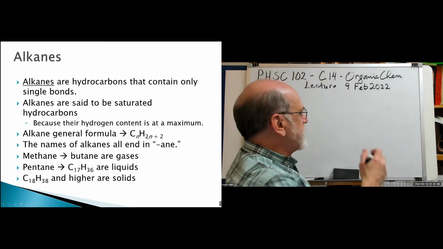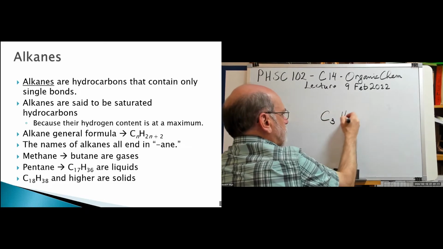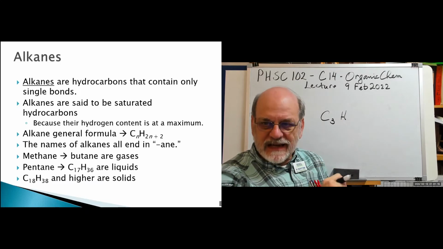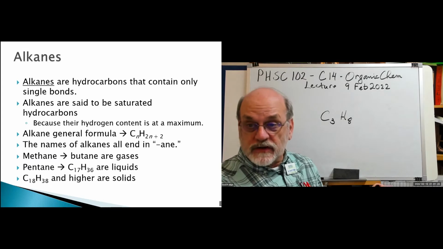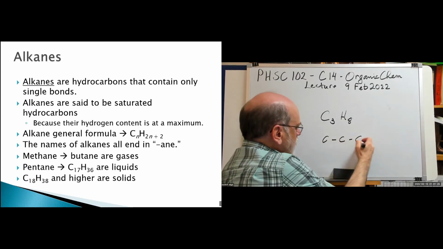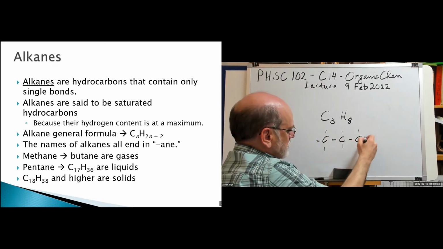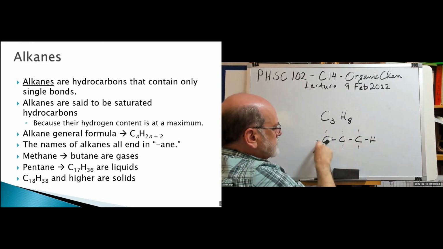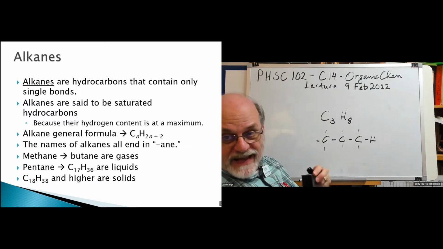So for instance, if we had 3 carbons, how many hydrogens will we have? 3 plus 1 is 4, times 2 is 8. Right? And we can prove it to ourselves. This alkane would have carbon, carbon, carbon, and then hydrogen, hydrogen, hydrogen in each one of those positions. 1, 2, 3, 4, 5, 6, 7, 8. Okay. And that formula works for any alkane.